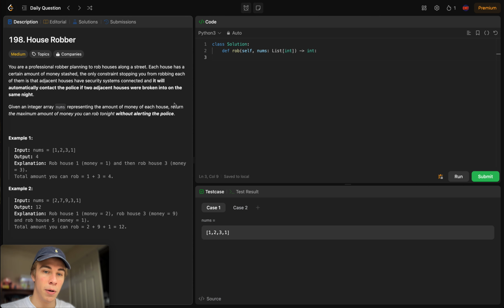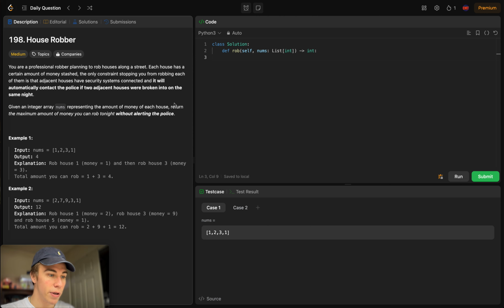So, in my own words, I have a street of houses. I can rob any house in one night, with the restriction that if I rob two adjacent houses, then the police get called on me and I get arrested.